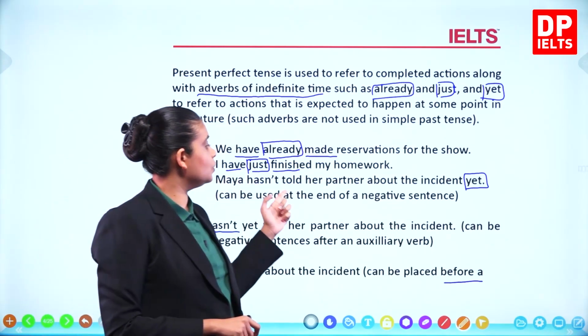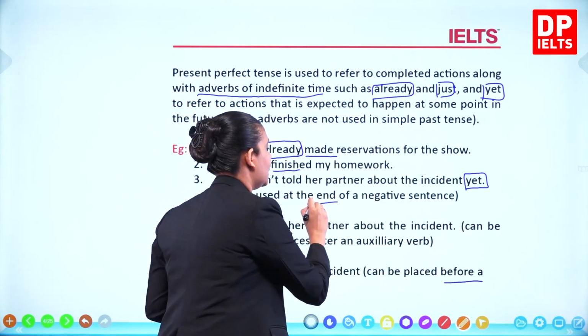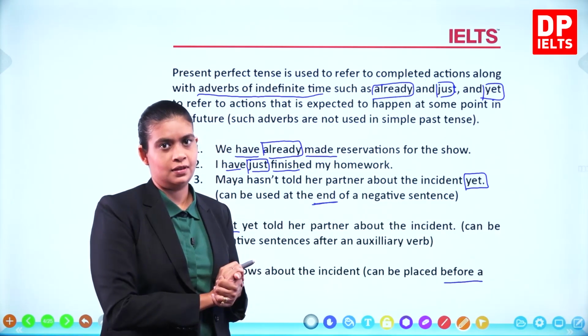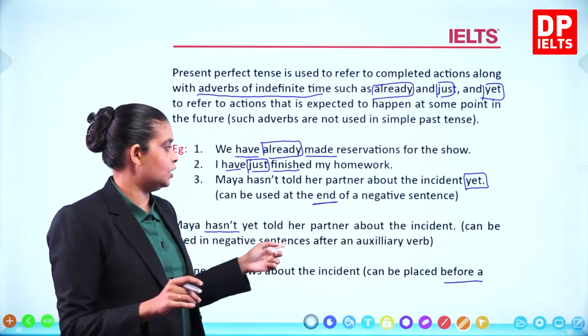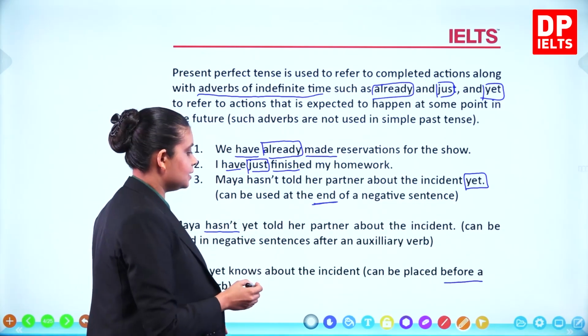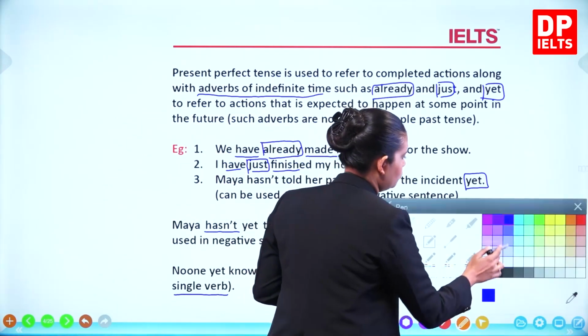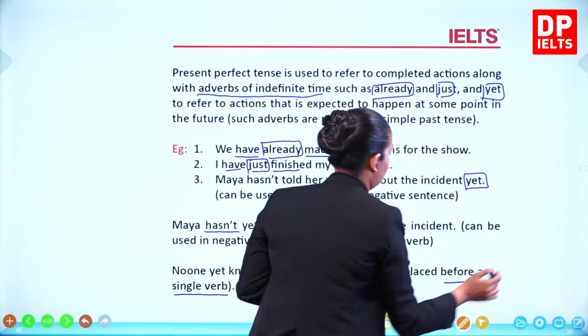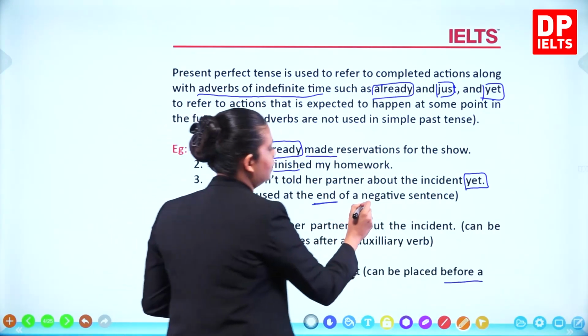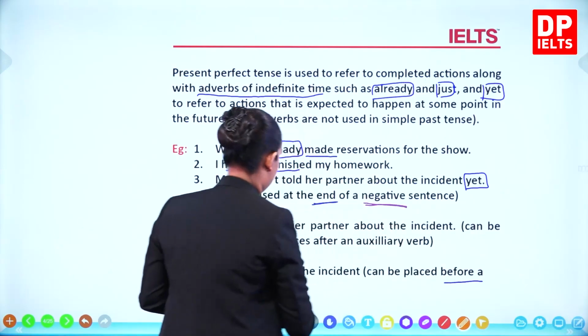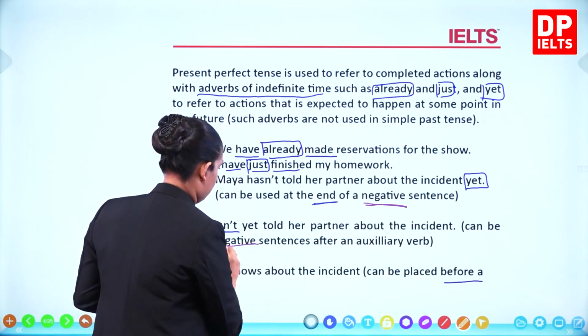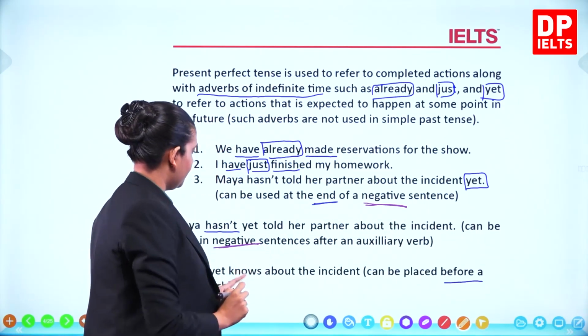So, it can be used at the end of a negative sentence. Okay? So, yet is usually used in negative sentences. Let me choose a different color, right? So, negative, right?